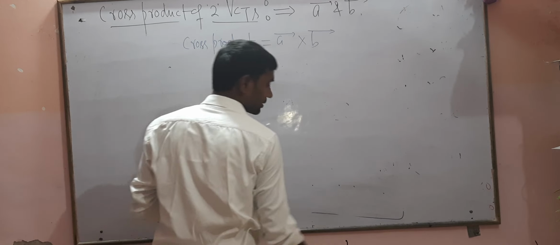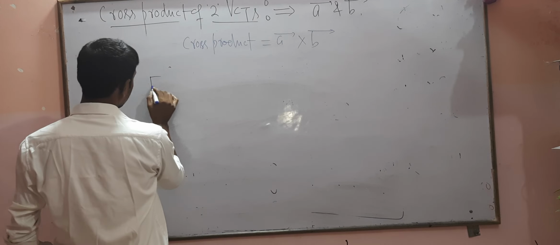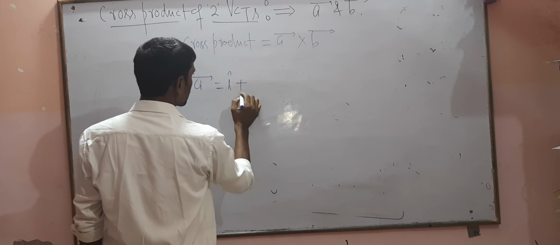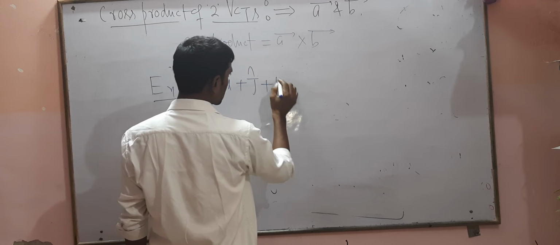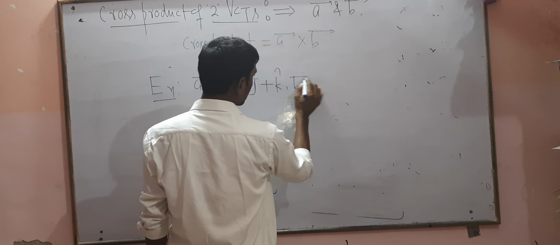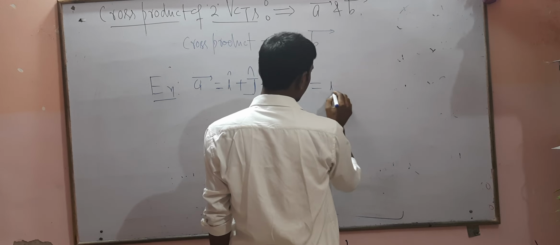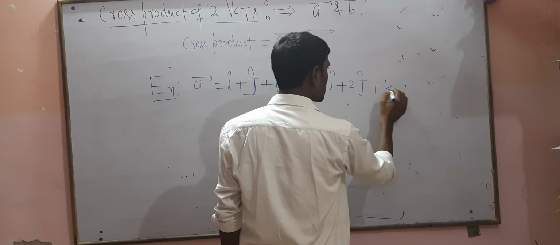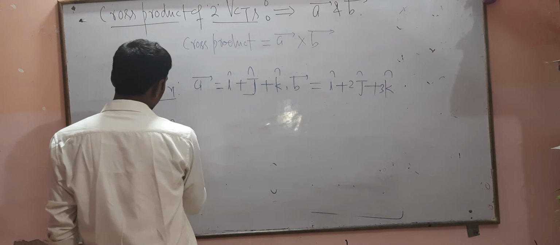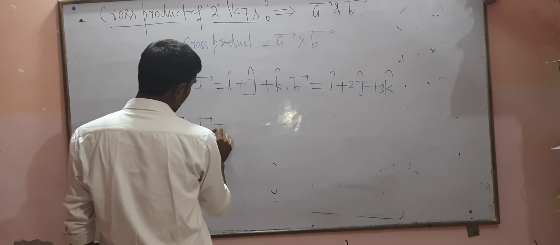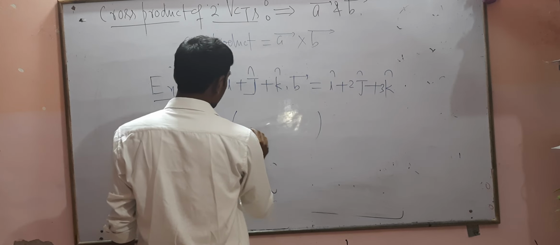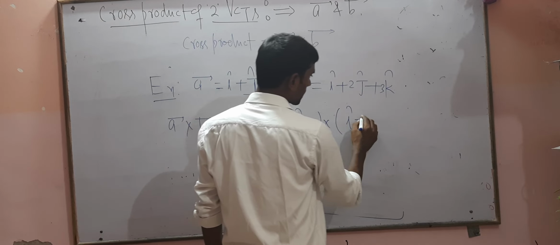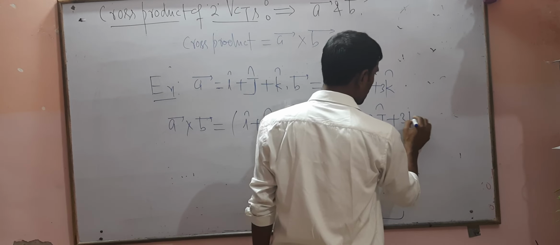Let's take an example. Vector A equals i cap plus j cap plus k cap, and vector B equals i cap plus 2j cap plus 3k cap. We want A cross B. A cross B is i cap plus j cap plus k cap, cross i cap plus 2j cap plus 3 into k cap.